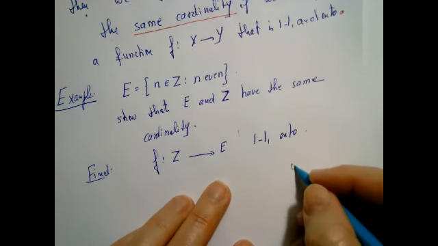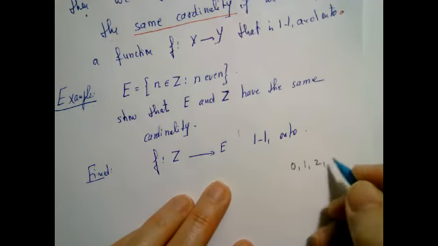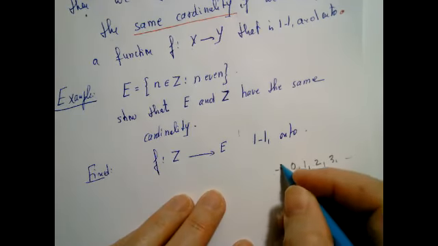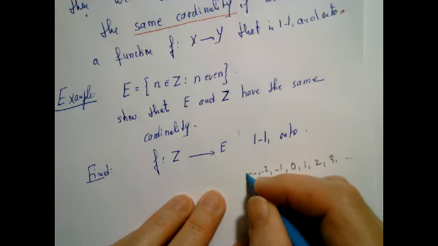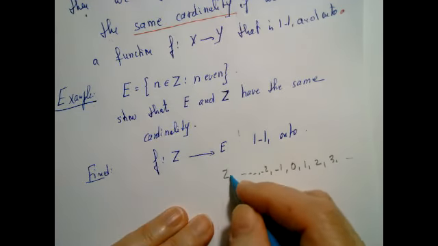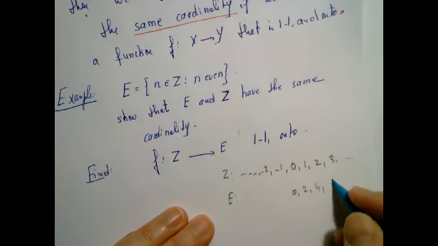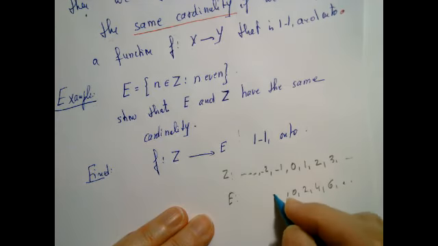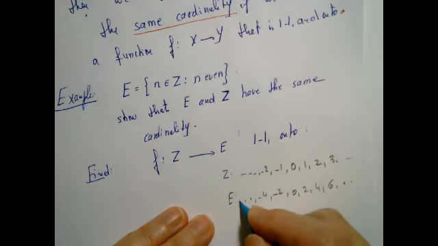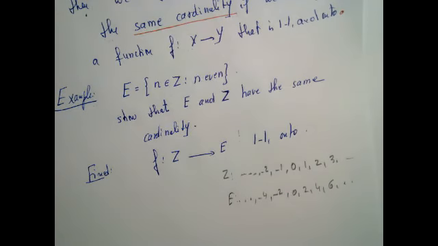I like sometimes to draw pictures: 0, 1, 2, 3, that's my Z. And my E is here: 0, 2, 4, 6, minus 2, minus 4, etc. And I want you to find a 1-to-1 onto function.